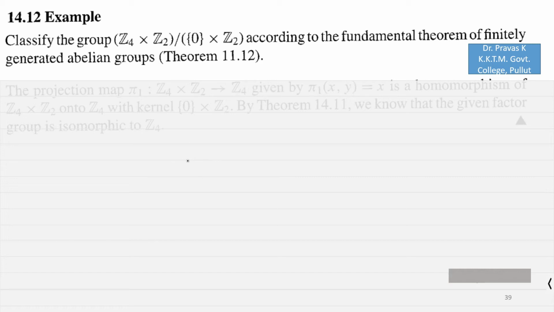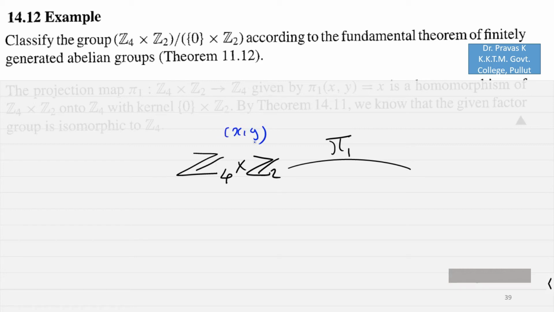So here we note that Z4 cross Z2 is a direct product containing two factors, and we know that a projection map takes a direct product to one of its factors. Now here we need 0 cross Z2 as the kernel of that homomorphism. So we take the projection map which takes the direct product to its first factor Z4. That can be obtained by defining pi1 of (x,y) to be x.